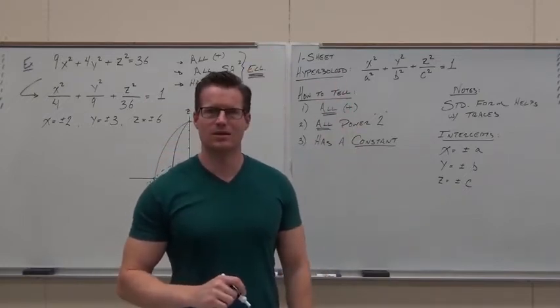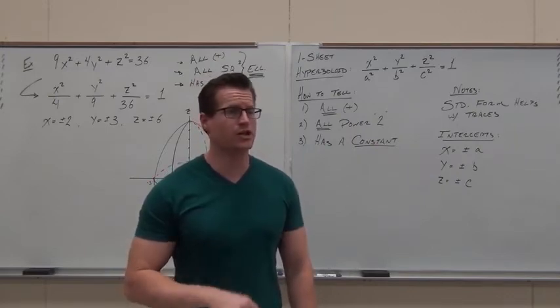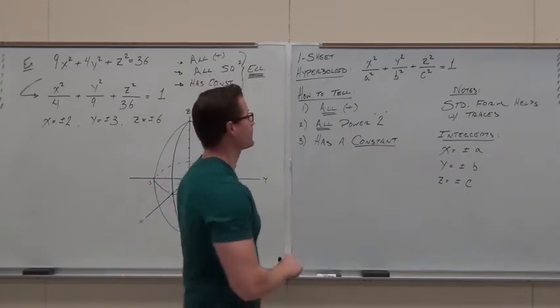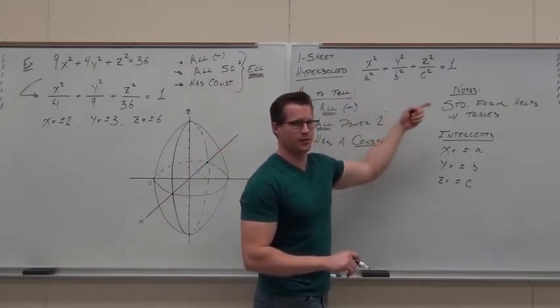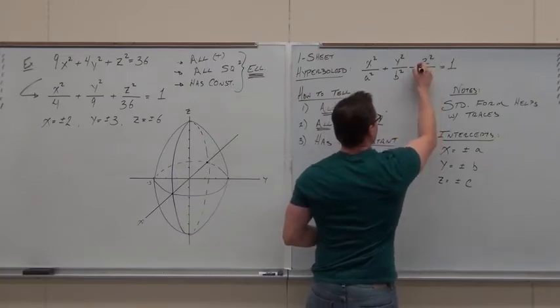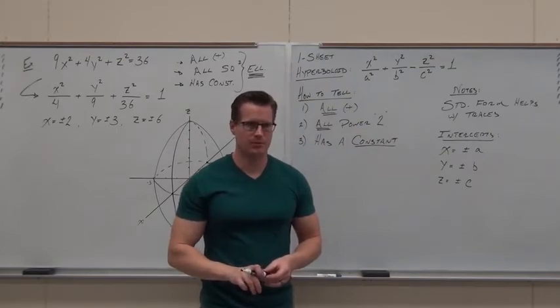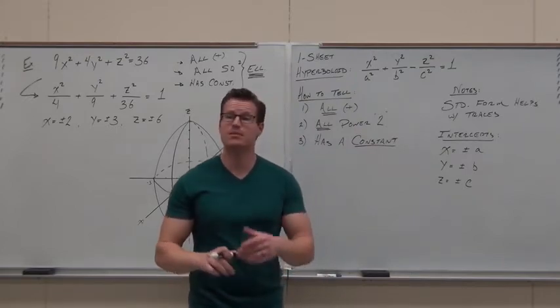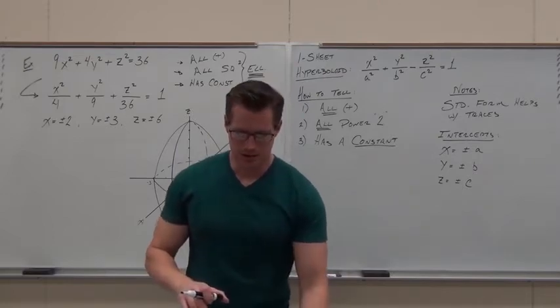Here's the only difference between ellipsoids and one-sheet hyperboloids. Watch carefully. As soon as we start changing stuff about this, we start getting different shapes. That right there is a one-sheet hyperboloid, and I'm giving you a general idea here.